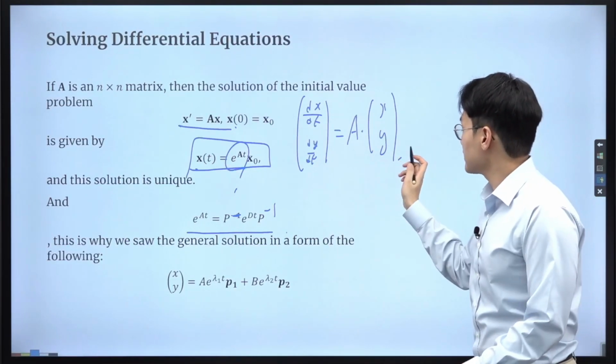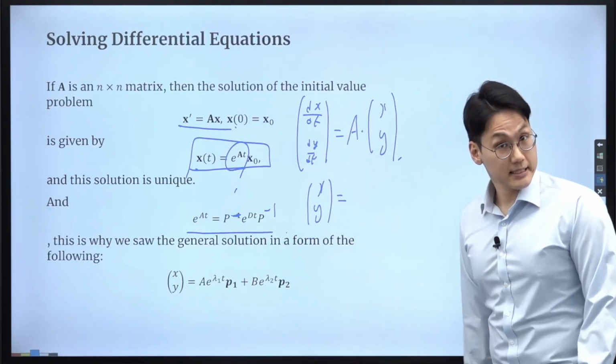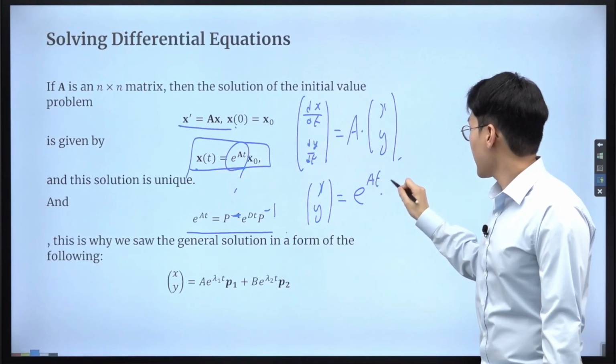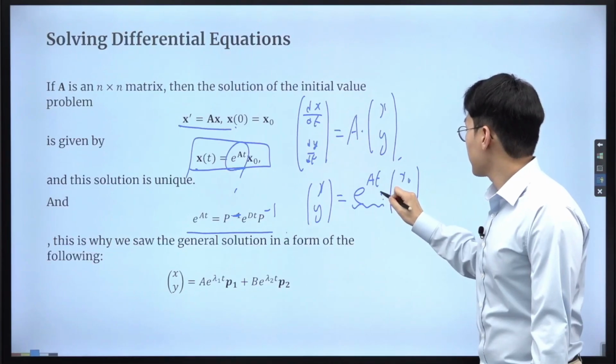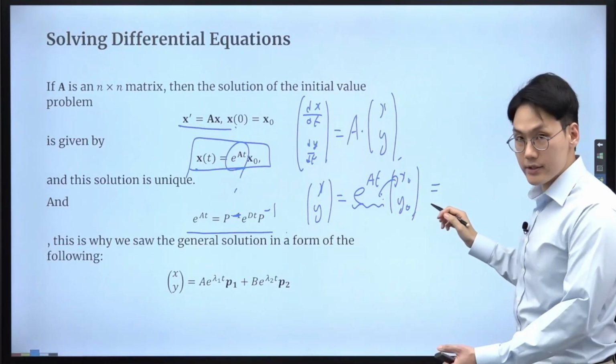And then, as you can see, the solution here is going to be the exponential matrix e to the power of At times whatever the initial conditions, such as x naught and y naught. That is a constant multiple, so it's going to be a matrix multiple.